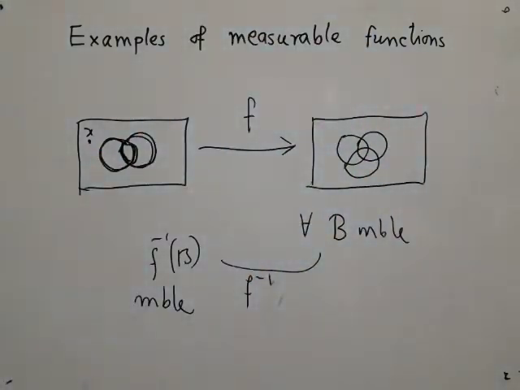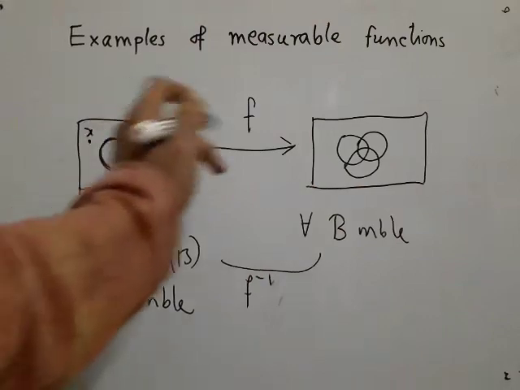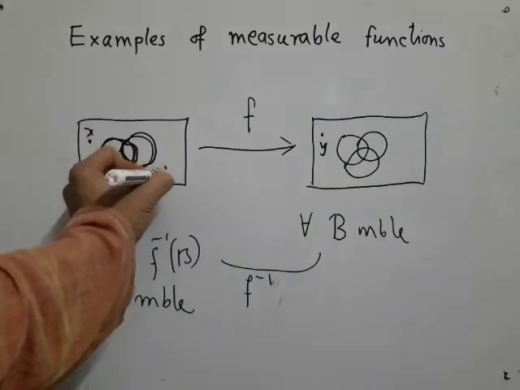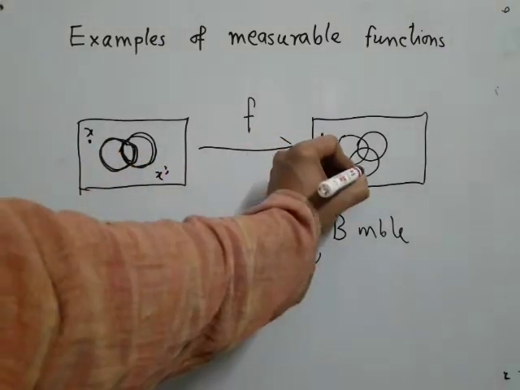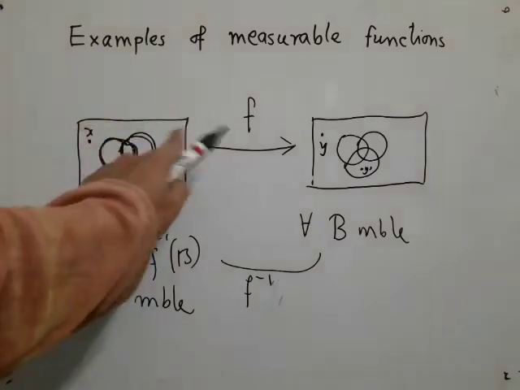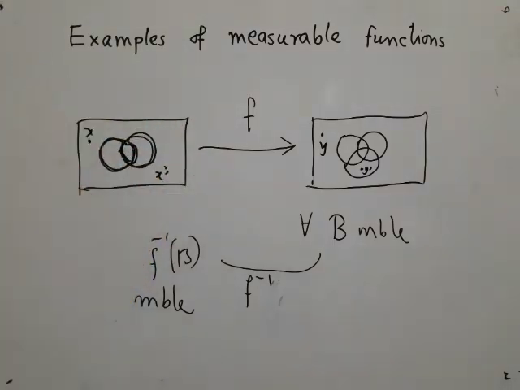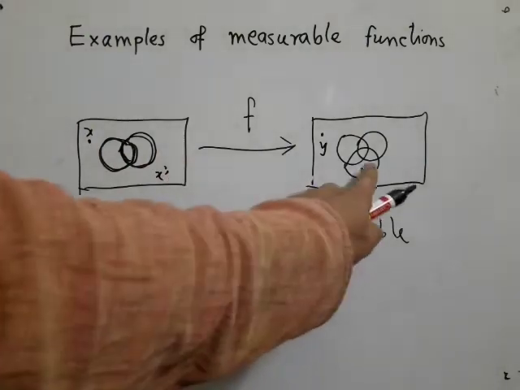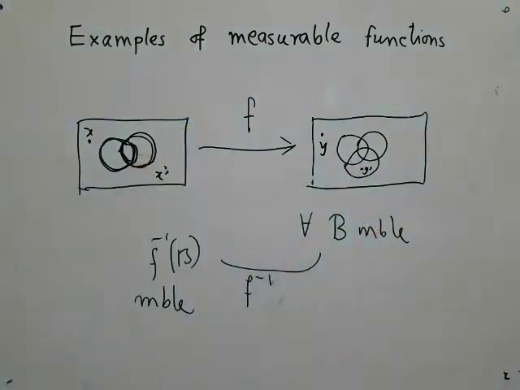So suppose my function is such that this x is mapped to this y, but this x prime is mapped to this y prime. Then this cannot be measurable, simply because if I tell you that my point lies in this outer set, just based on that I cannot say where it will lie here. It may lie here if the point is x, it will lie here if the point is x prime. So this will not be measurable.